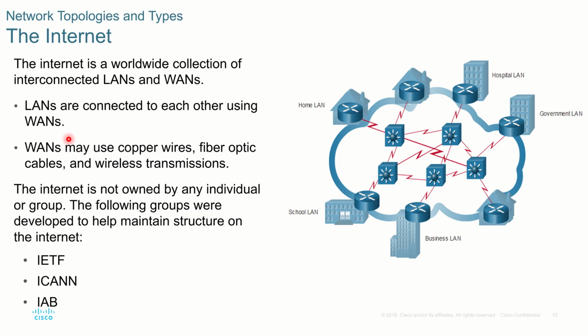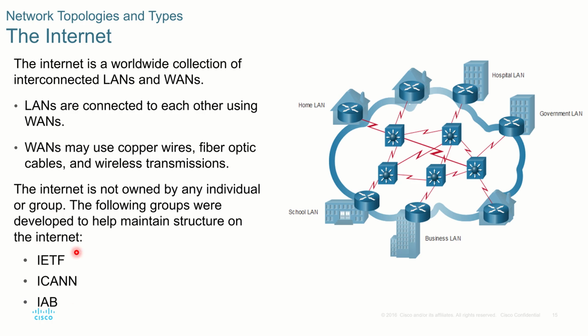LANs are connected to each other using WANs. For example, in this diagram, we have 1, 2, 3, 4, 5 LANs, and all of the LANs are interconnected to each other using the ISP. WANs may use copper wires, fiber optic cables, and also wireless transmission. The internet is not owned by any individual or group.